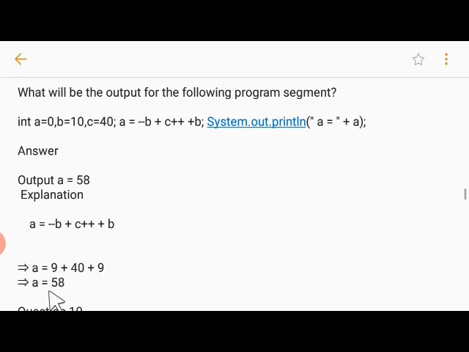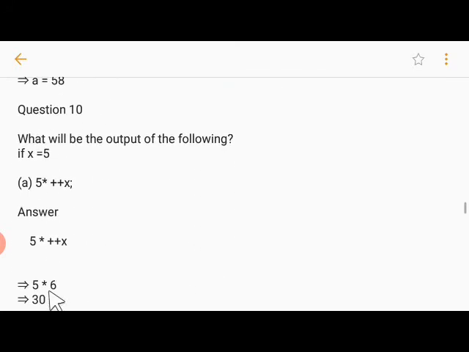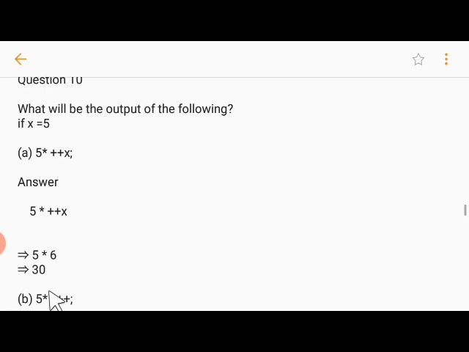Alright. After that, question number 10. What will be the output of the following if x assignment operator 5? 5 * ++x, and 5 * x++. Now 5 * 6, that is 30.